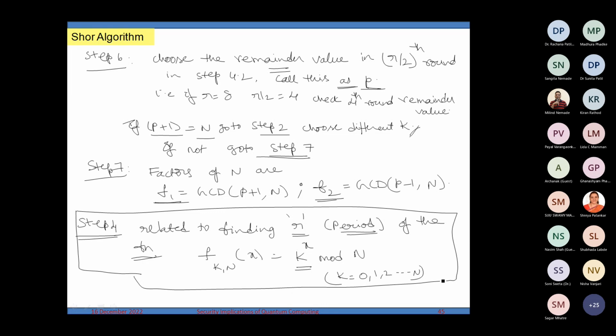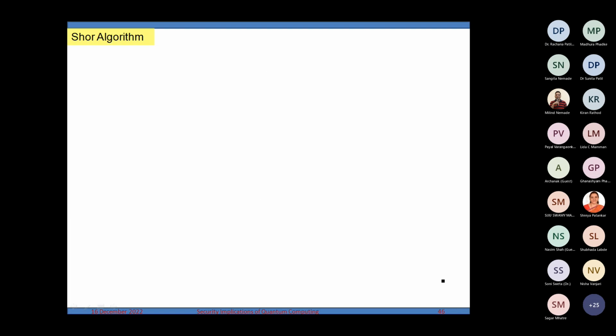Now, what is the interesting aspect of this particular step 4? If you see here, imagine n is equal to 21. I am taking k value as 11. So the GCD of these two numbers is 1.